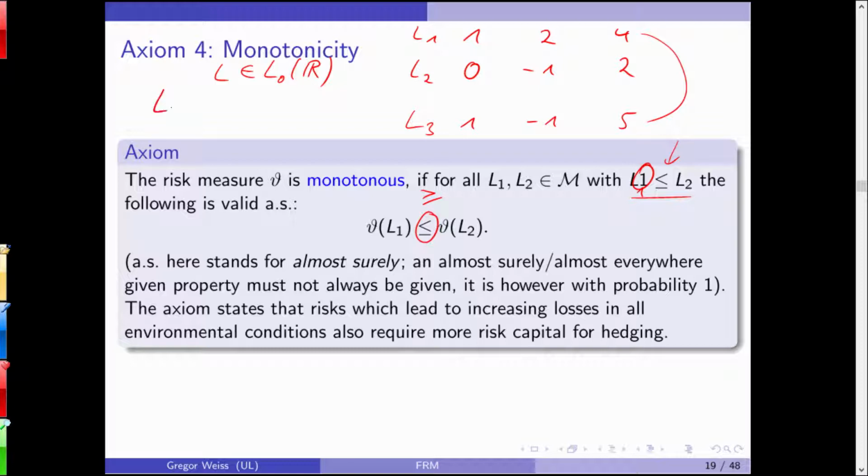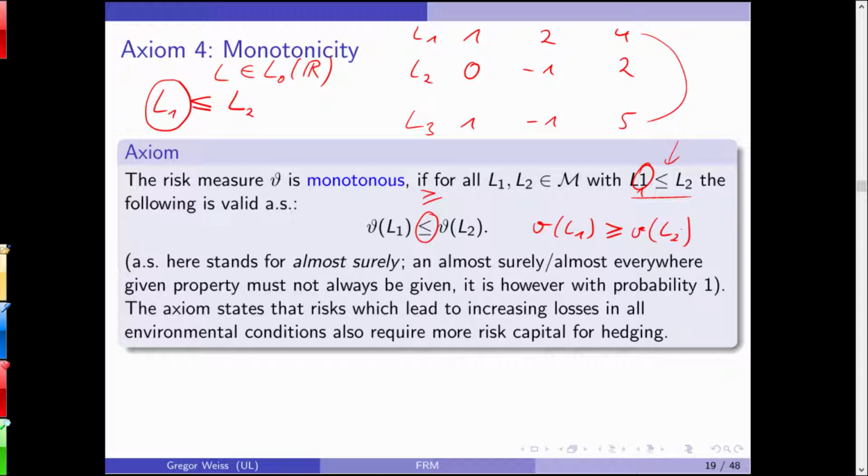Then if L1 is less or equal than L2, this means that L1 is the more extreme loss distribution, the worse loss distribution. But then, if a positive number is a capital amount that needs to be inserted to make it acceptable, nu of L1 needs to be larger than nu of L2.